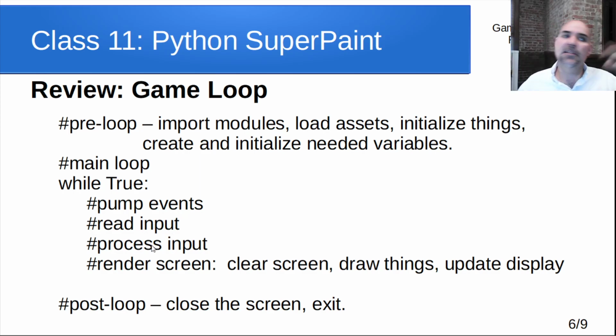If this key was pressed, if this mouse button was pressed, do something about that, and then render the screen. In rendering, we're going to clear the screen and then draw whatever we need to draw, and then do a pygame.display.update. And that's inside of a loop, so it'll happen over and over again. And then after the loop, close the screen, exit the program, clean up whatever else needs to be cleaned up.